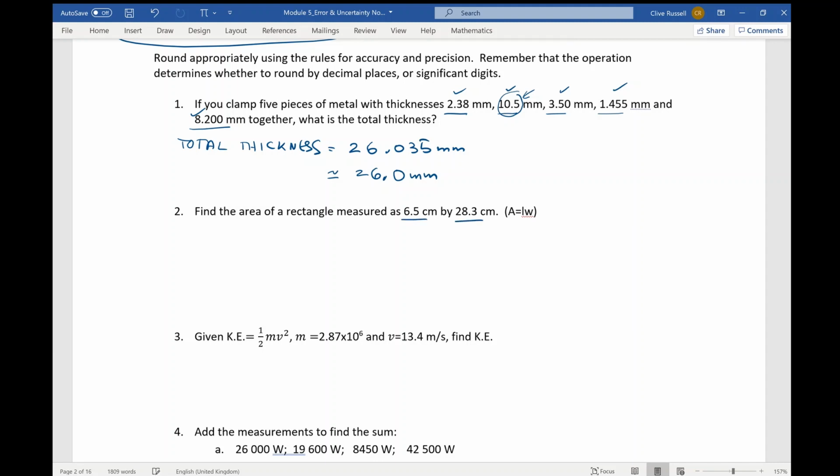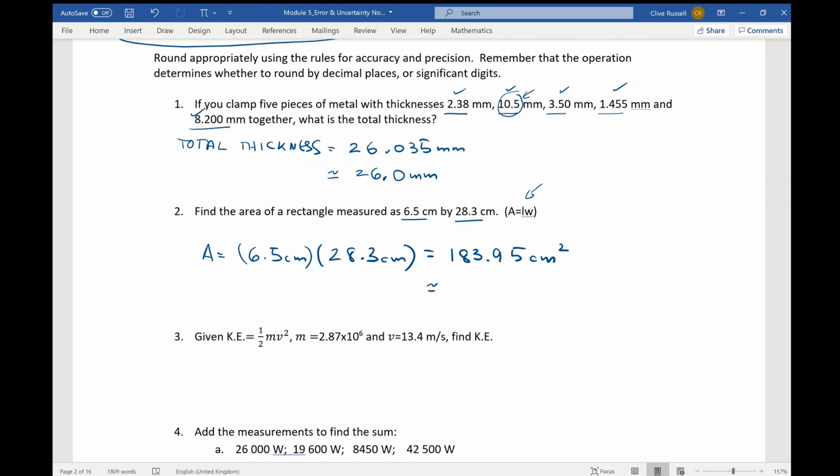Now the second one here is to find the area of a rectangle that has length and width given by those two numbers. Keep in mind that we are multiplying now. So the area is equal to 6.5 centimeters times 28.3 centimeters. If you multiply those together, you should get 183.95 centimeters squared. But do we leave this as our final answer?